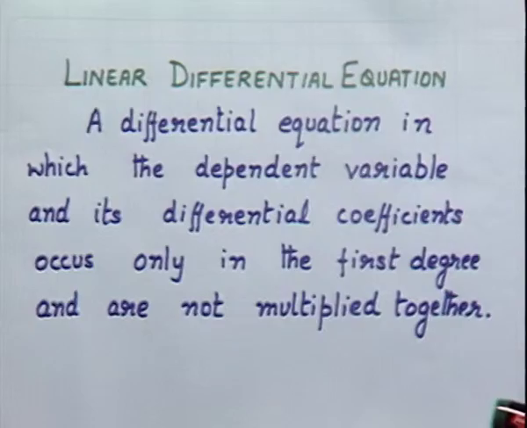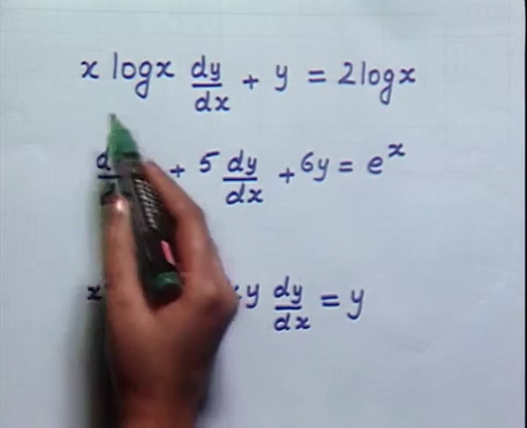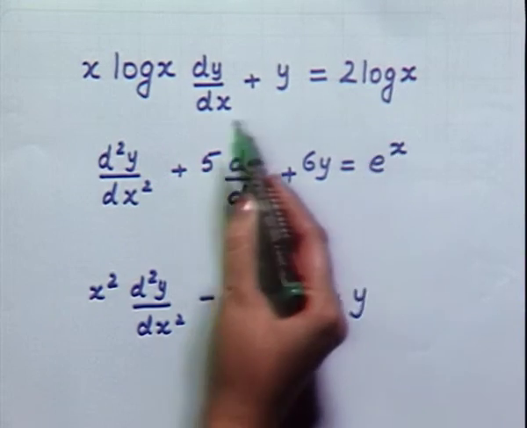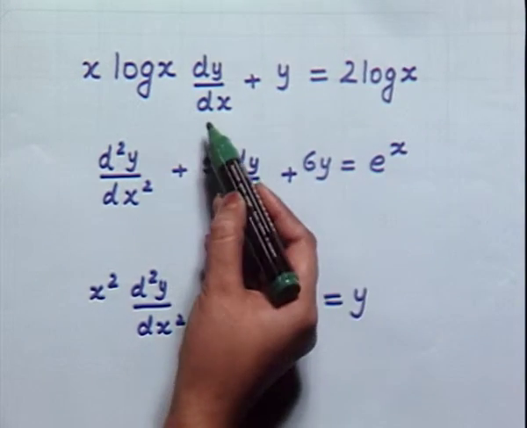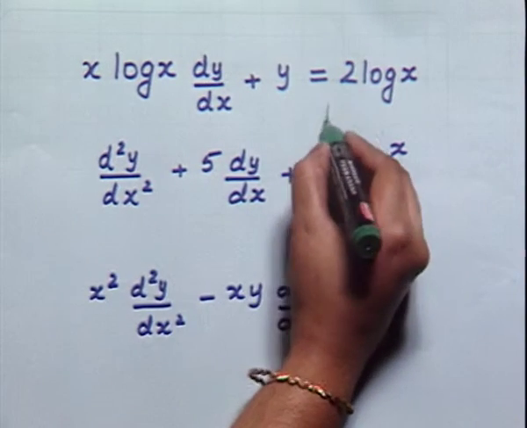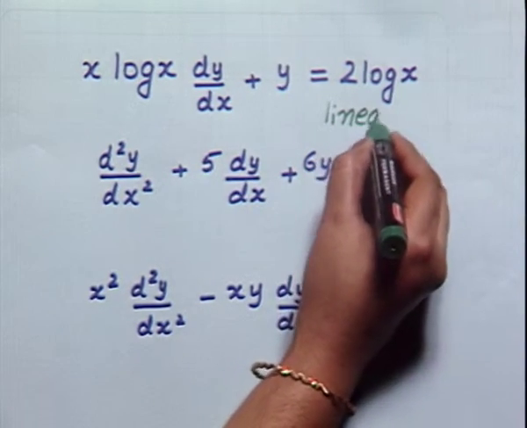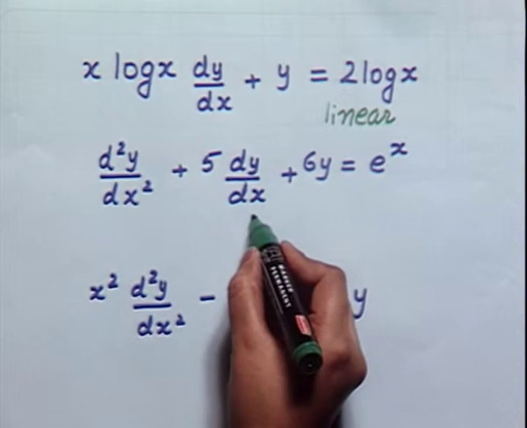Let us see if you can identify which of the given equations are linear or non-linear. The first one, very clearly there are no y square terms throughout, y and dy by dx are not multiplied anywhere. So, the first one is clearly a linear equation. Second one also is a linear equation.